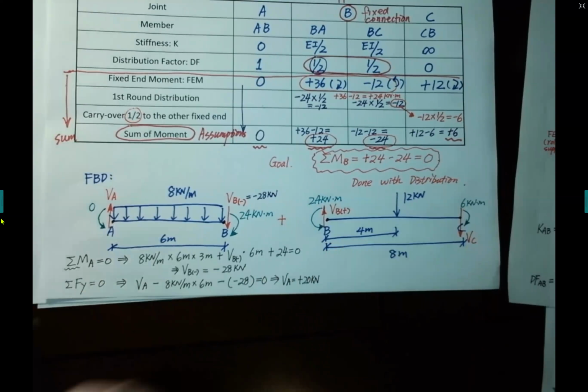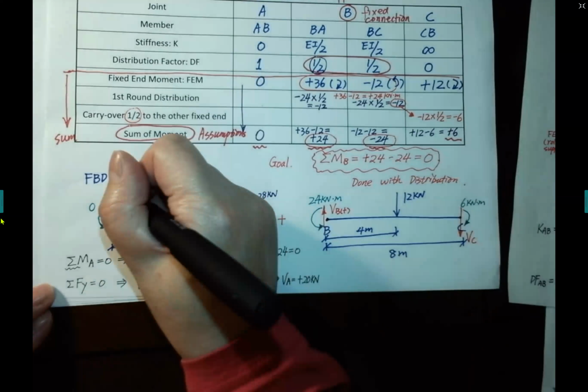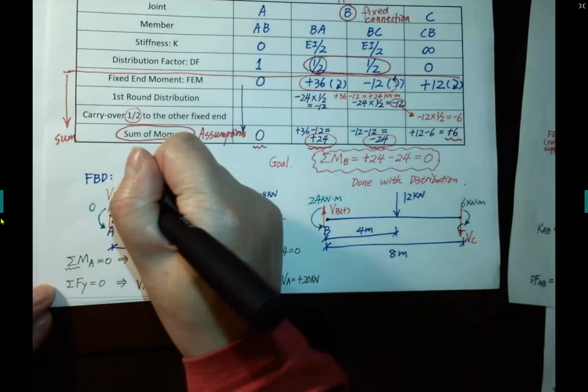So we put this value on the free body diagram, positive 20.